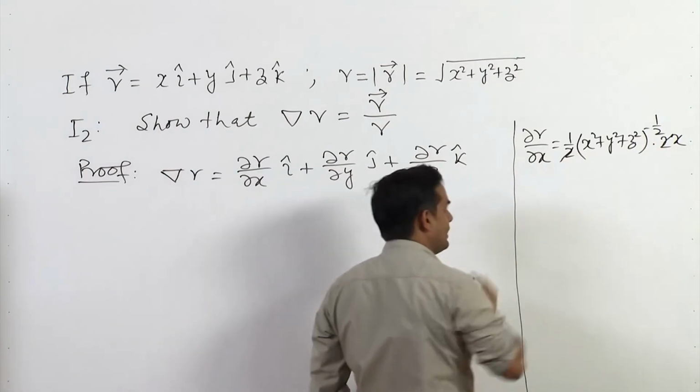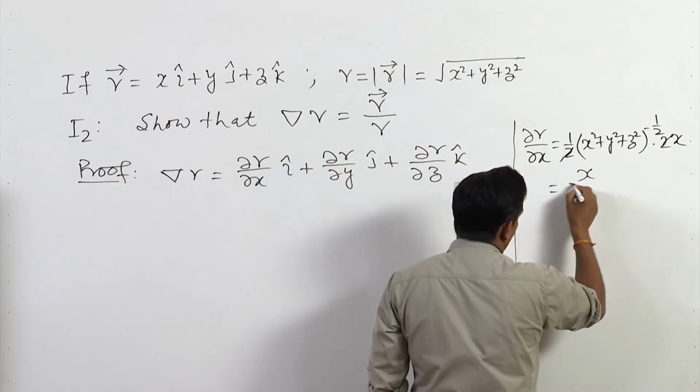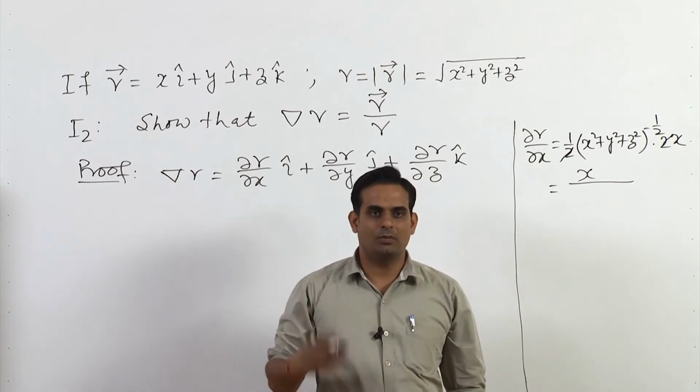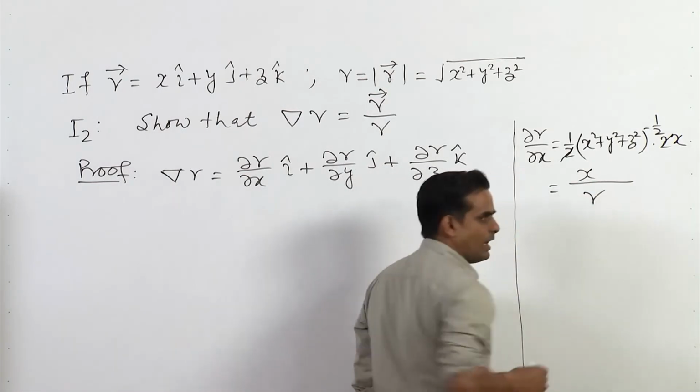These 2 will cancel out. So I will get x upon x square plus y square plus z square raised to power half, which is nothing but r.